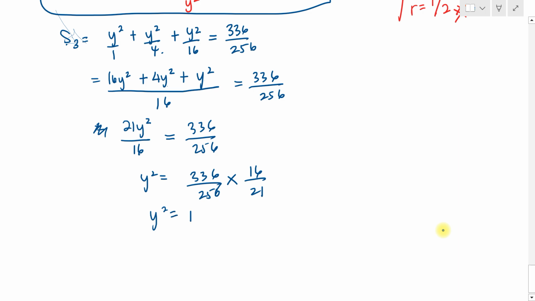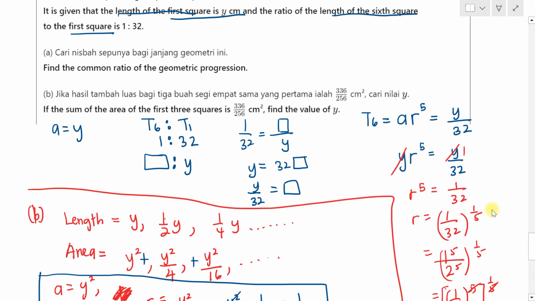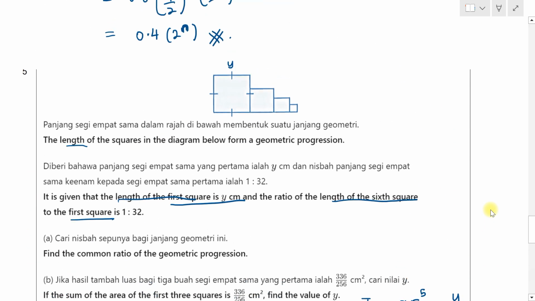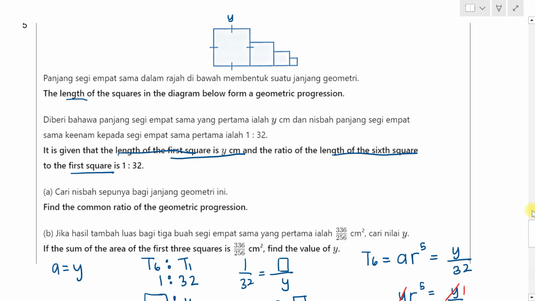So y is the square root of 1, so y equals 1 centimeter. The question uses centimeter, so we use centimeter.